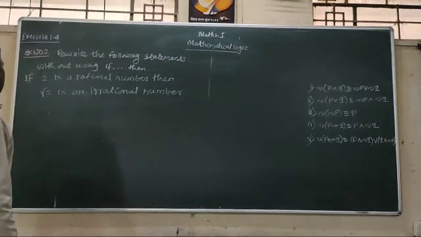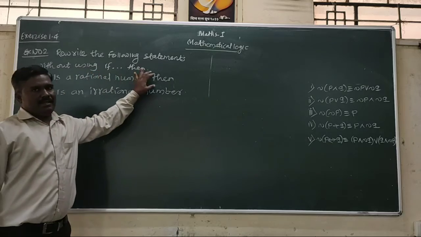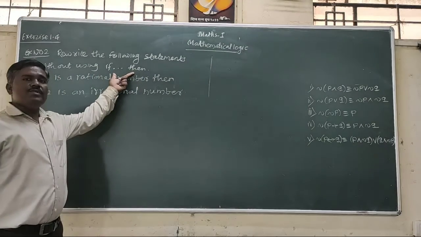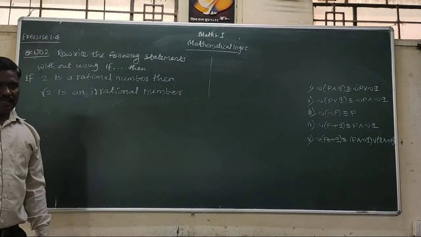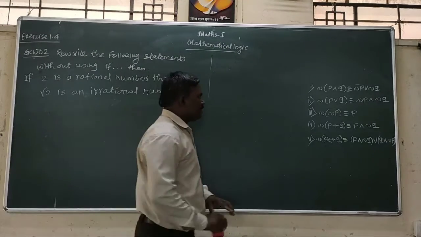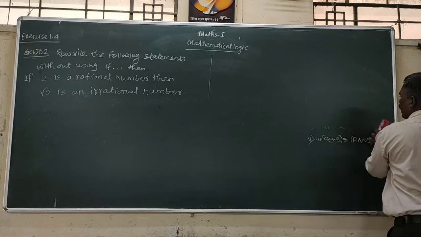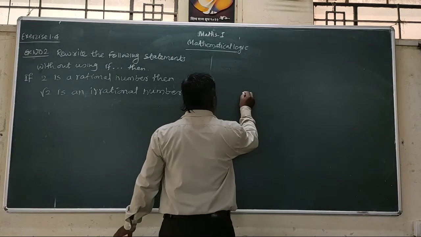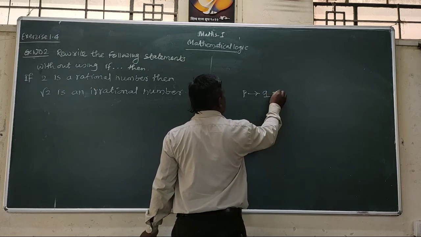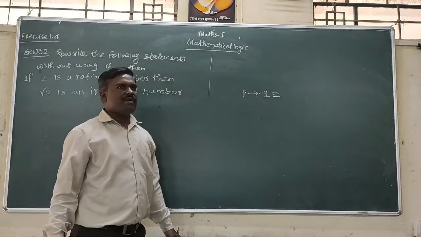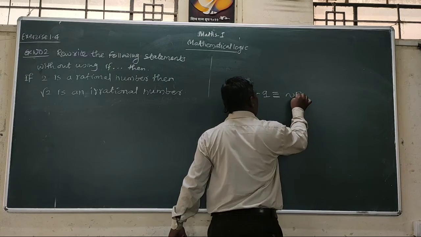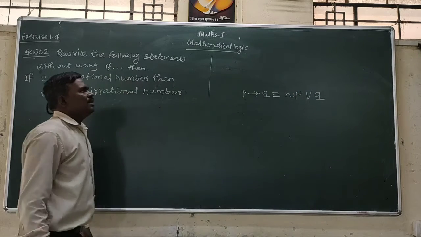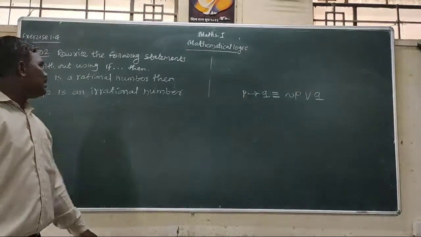Rewrite the following statements without using if then. These if then phrases are used in the conditional statement, and we know one more result in the conditional statement, by definition of the conditional statement: P implies Q is equivalent to negation of P disjunction Q, that is the result.